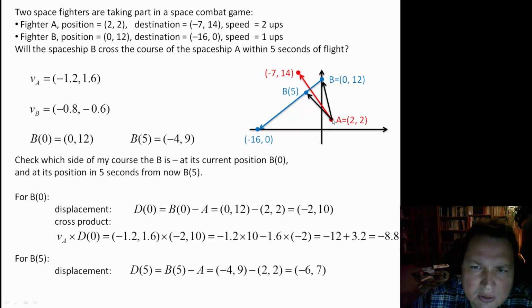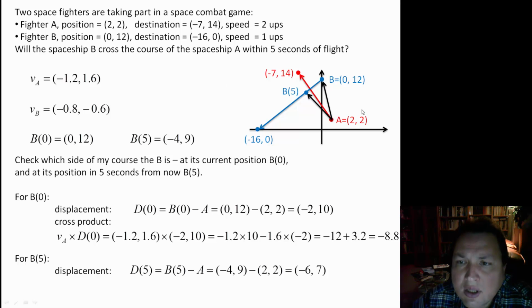because wherever we take the current position of A or the position of A after 5 seconds, it doesn't affect the solution. The only thing they ask here is about the position of fighter B in relation to the course of fighter A. This course doesn't change after 5 seconds or at any time in the future, so it doesn't matter if I take the initial position of fighter A or the position of fighter A after 5 seconds.